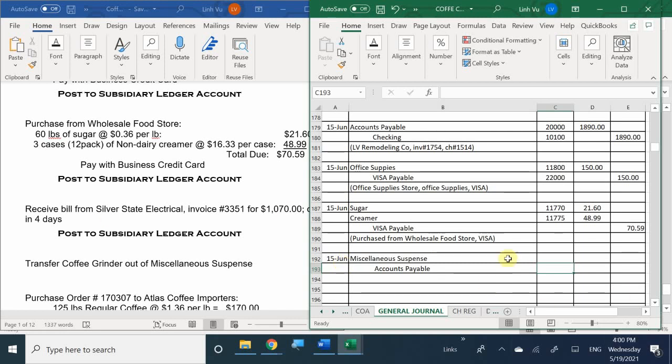So, miscellaneous expense, my account number 19990. Good. For how much? $1,070. Good. And accounts payable, 20000. Good.